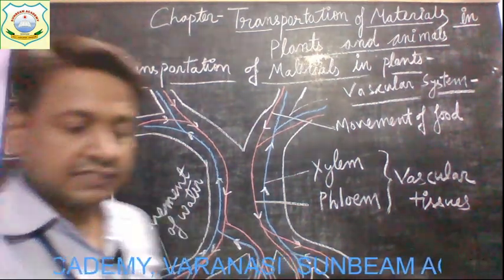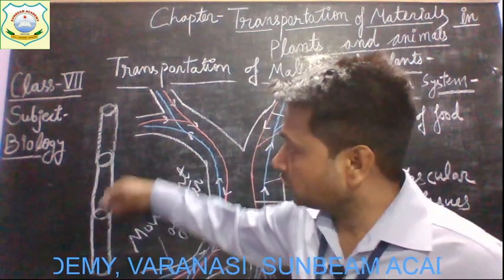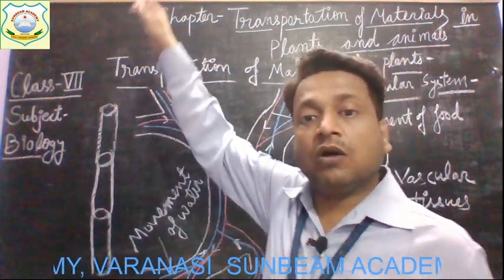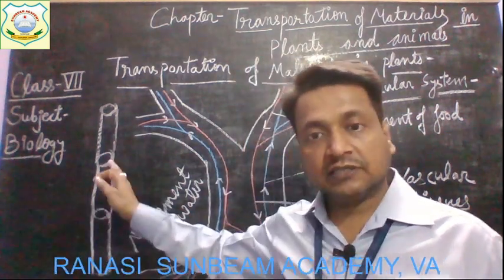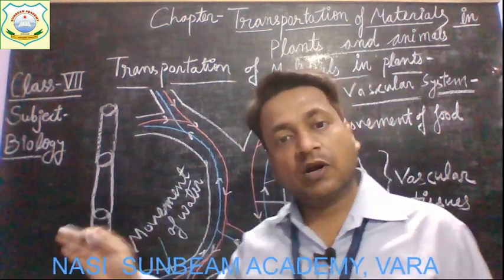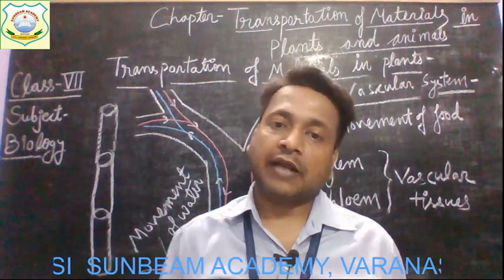The different cells of xylem join each other and make a long tube-like, pipe-like structure. And by this tube-like structure, the water and minerals are transported.